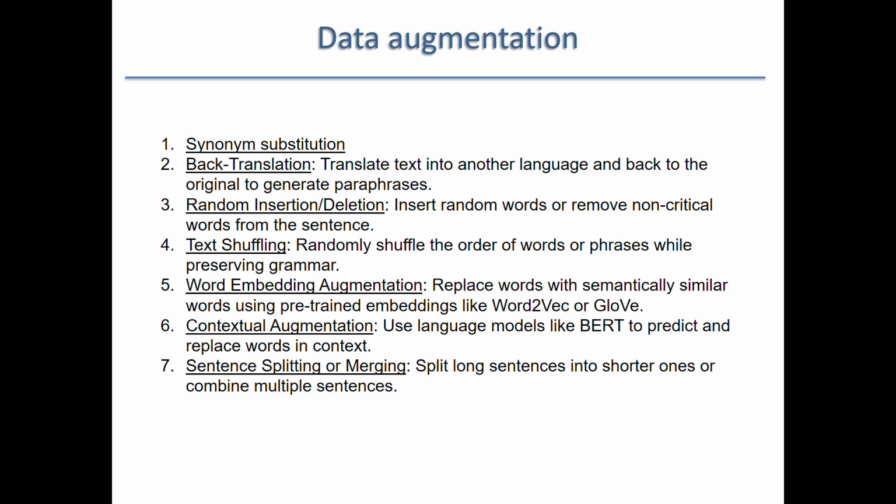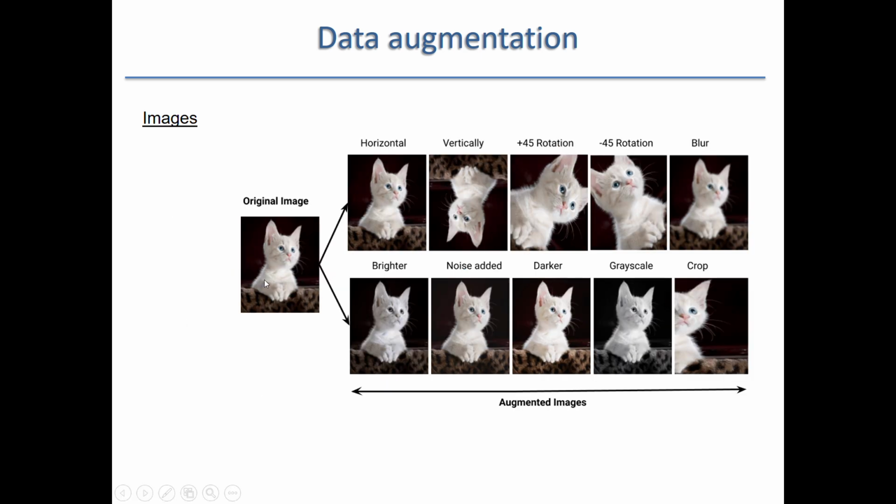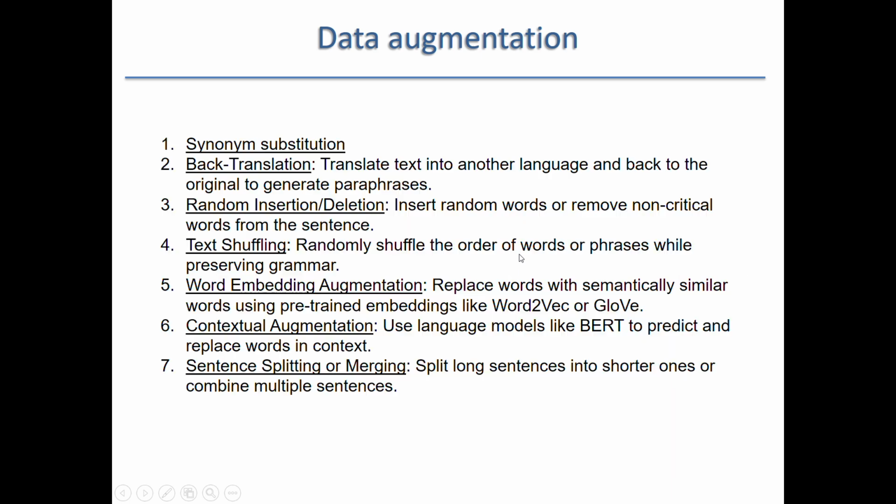So probably the original text and the back translated text will not be exactly the same. So now you have two versions of the same comment, which would be the equivalent of making these kind of changes.